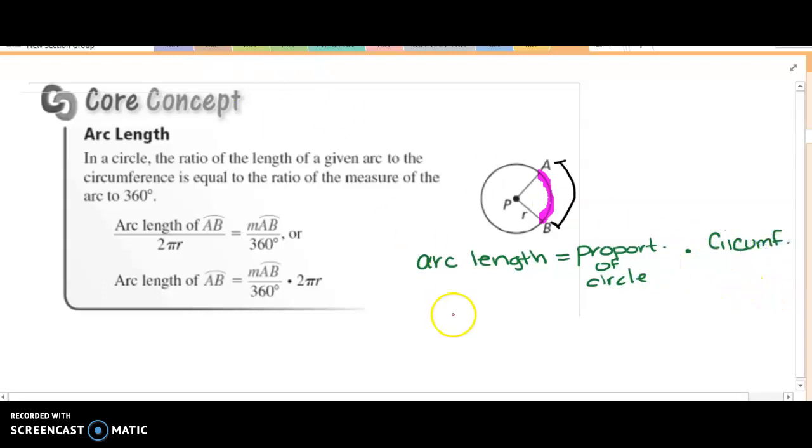Okay, now if I break this down even more, I get arc length equals the proportion of the circle, which can be found by the central angle over, well, all the way around, the part over the whole, so the part all the way around is 360. So the central angle over 360 times 2 pi r.